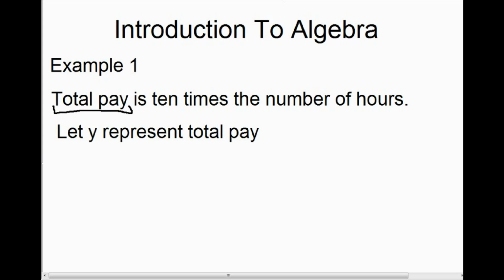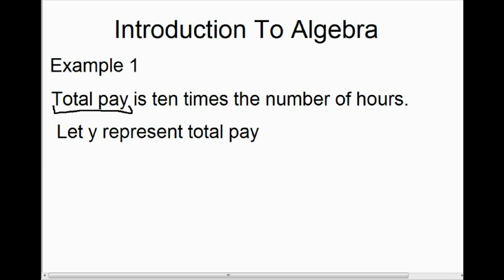And similarly, I'm going to define a variable to represent the number of hours. Now, because total pay can be different from the number of hours, and as we saw in all the examples, it was different from the number of hours, we actually have to use a different variable. If we use the same variable, that would mean the total pay is always the same as the number of hours.